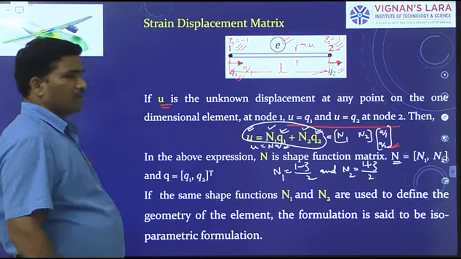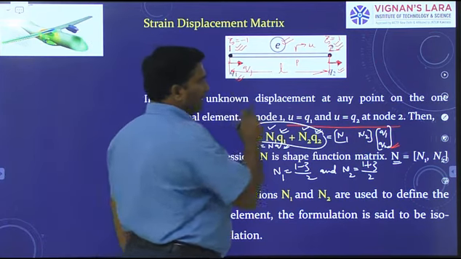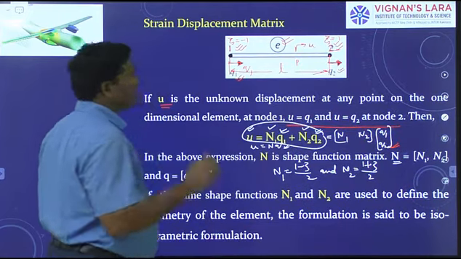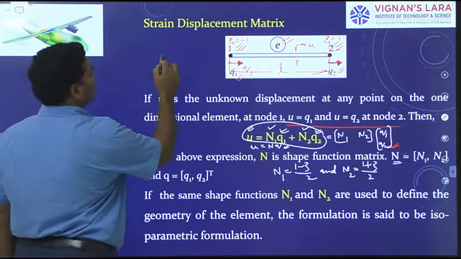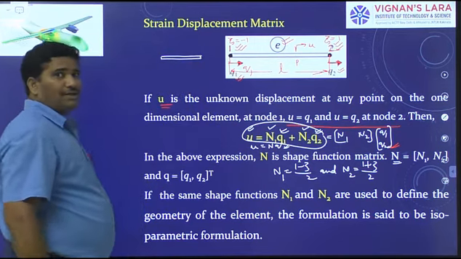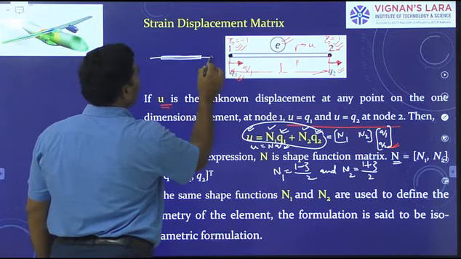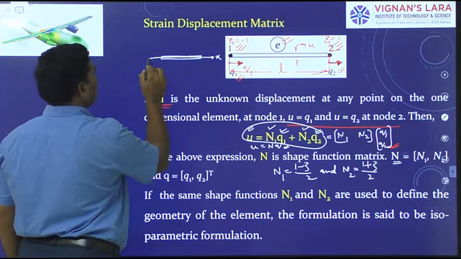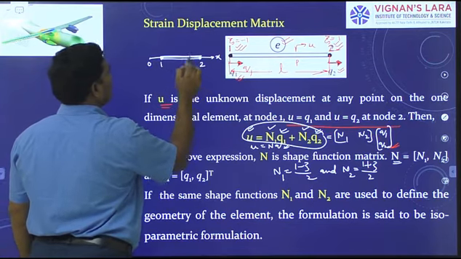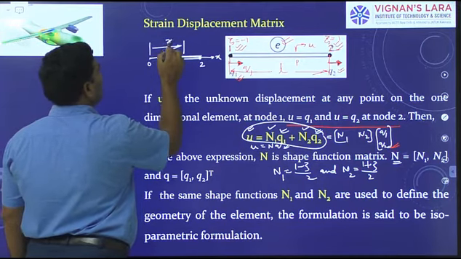Now, this is a one-dimensional element. To define the geometry of this element, how many coordinates do you want? Only one coordinate, that is x. If x is the coordinate axis like this with the coordinate origin here, this is node 1 and this is node 2. Therefore, any point on this element is defined by the coordinate x.